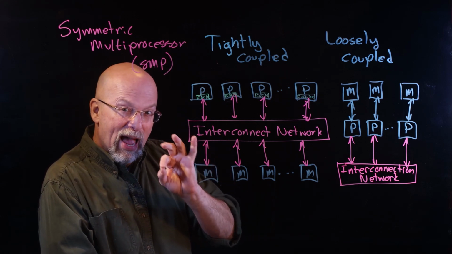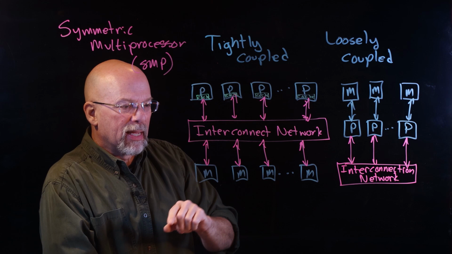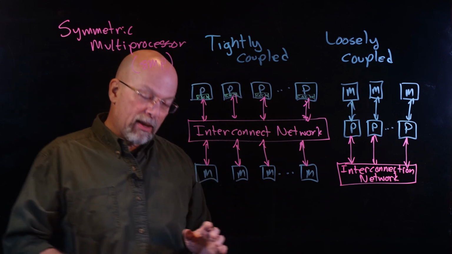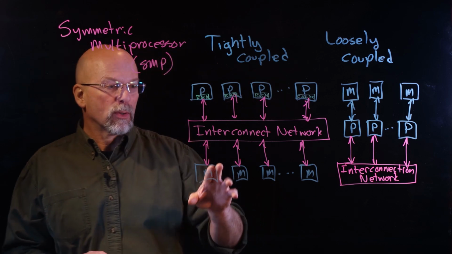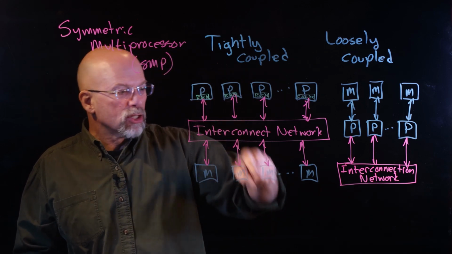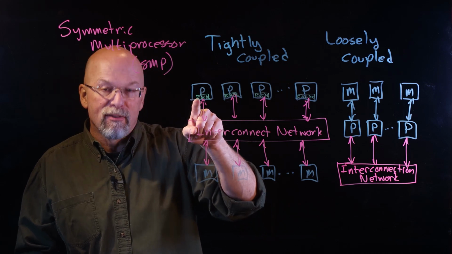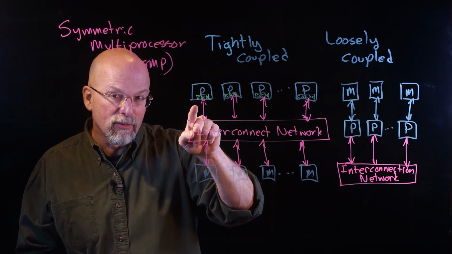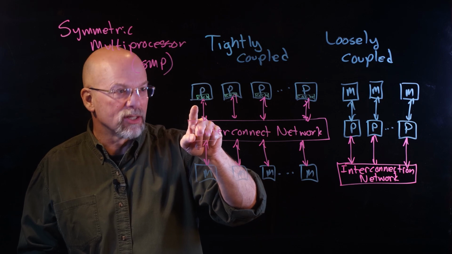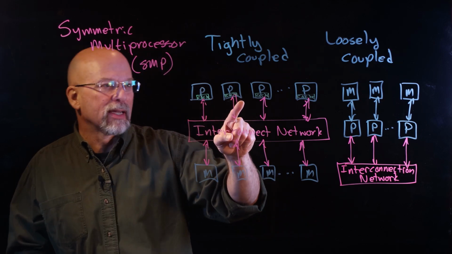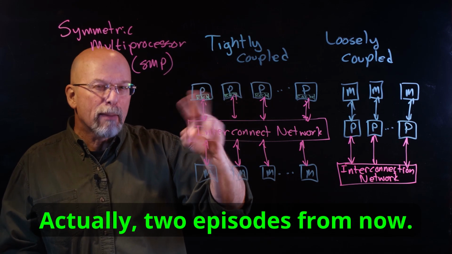Typically, though, if we have a bottleneck with the SMP, the bottleneck is going to come in access to memory. So, and we'll talk about this in the next episode, we've got exchanges with memory into each one of the processor's caches. If I modify data inside of one of these processor's caches and another one is sharing that data, we'll talk about that in the next episode, there could be a problem.